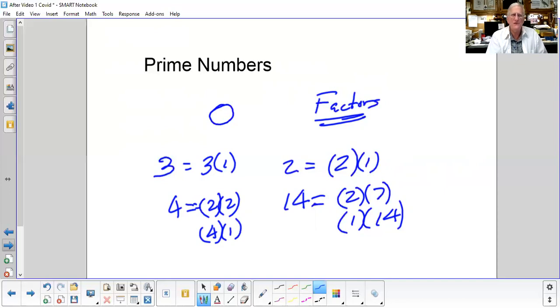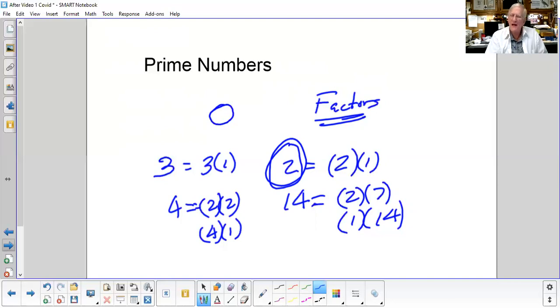That means they end in 1, 3, 5, 7, or 9. Well, it turns out, if you think about it, that statement is false because the smallest prime number actually is 2. However, every number that is prime above 2 is odd.